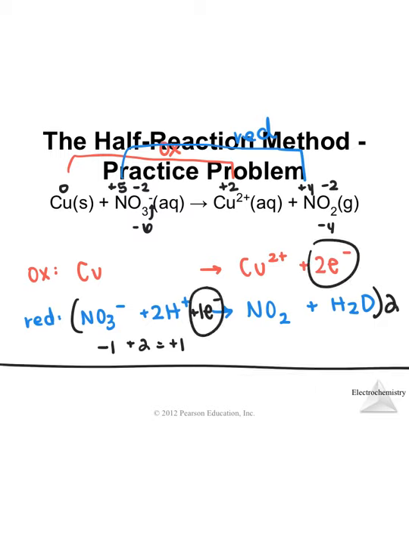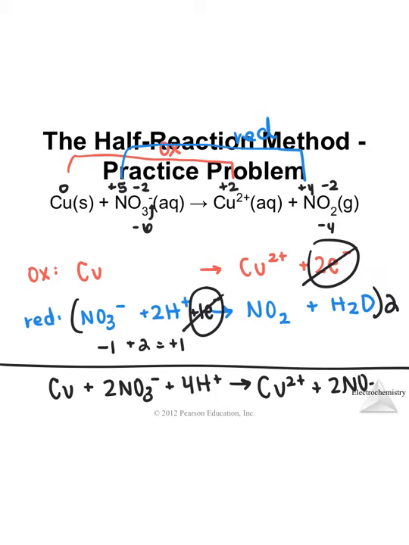So when I add that together, I have a copper, 2 NO3-, 4 H+, my electrons cancel, Cu2+ plus 2 NO2s plus 2 H2Os, because I have to multiply that 2 into everything there. Okay, that was your quick how to balance an oxidation reduction reaction.